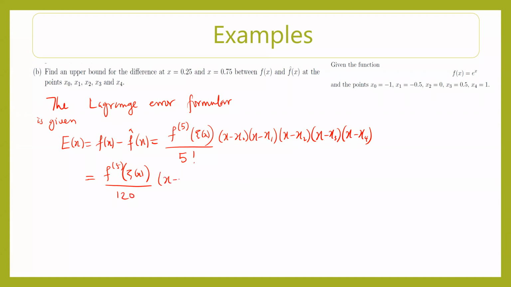And you get x plus 1, x plus half. If you put those points in, you have x minus 0, x minus half, and x minus 1. All right, so the interval we are working on is -1 to 1. So zeta here is in between -1 and 1.